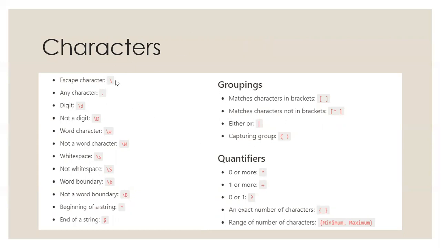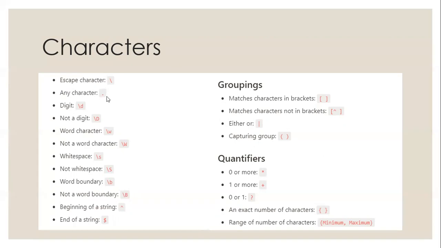This is the escape character, whenever we need to check another one of these characters in the string. If we want to have a dot in the string pattern, then we can have backslash and then dot, so it will match the dot, otherwise it will just match any other character.